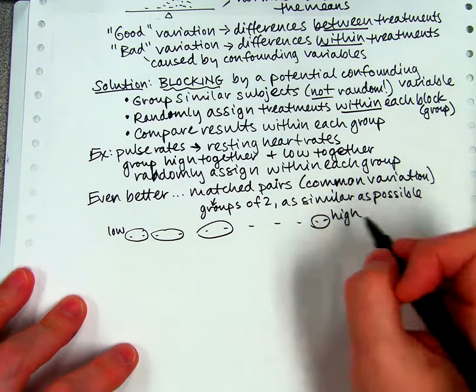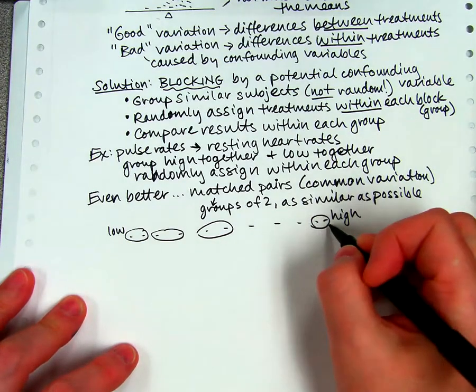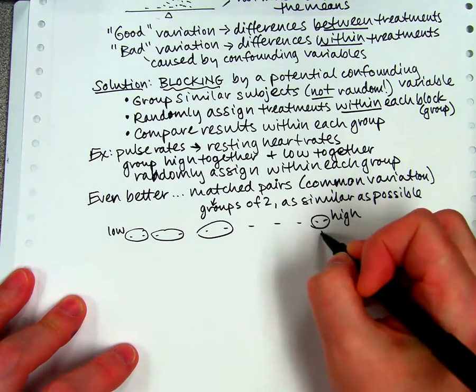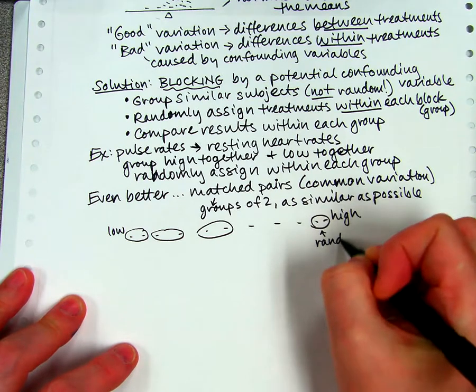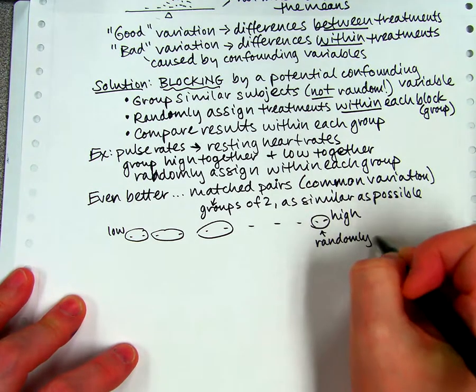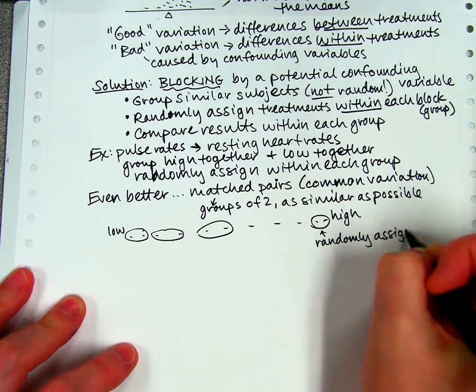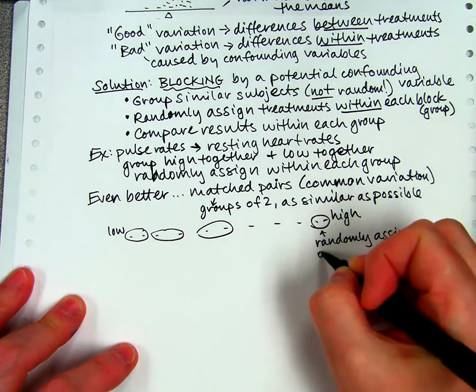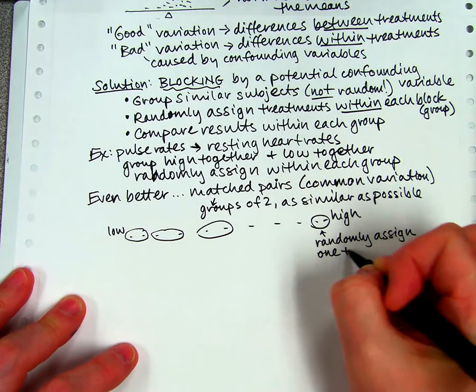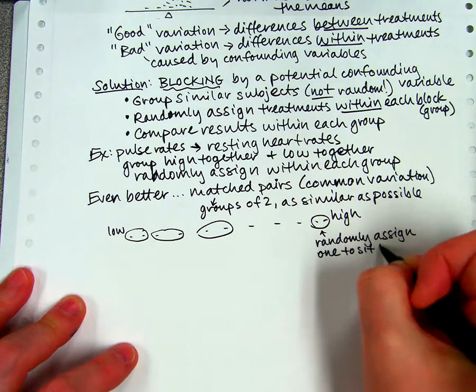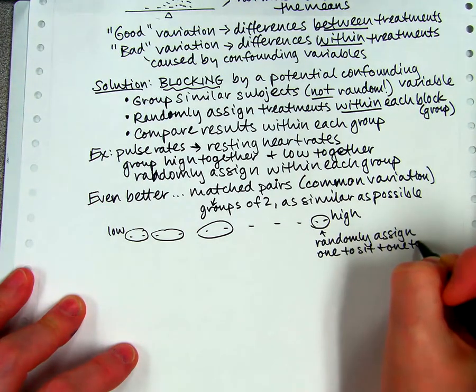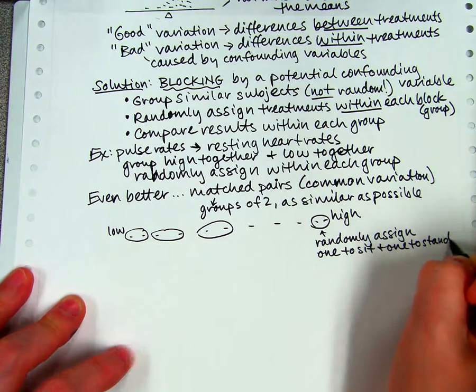And then each pair doesn't get the same treatment, they get one of each. So I would randomly assign one to sit and one to stand within that pair. So that is one type of blocking, is to do pairs.